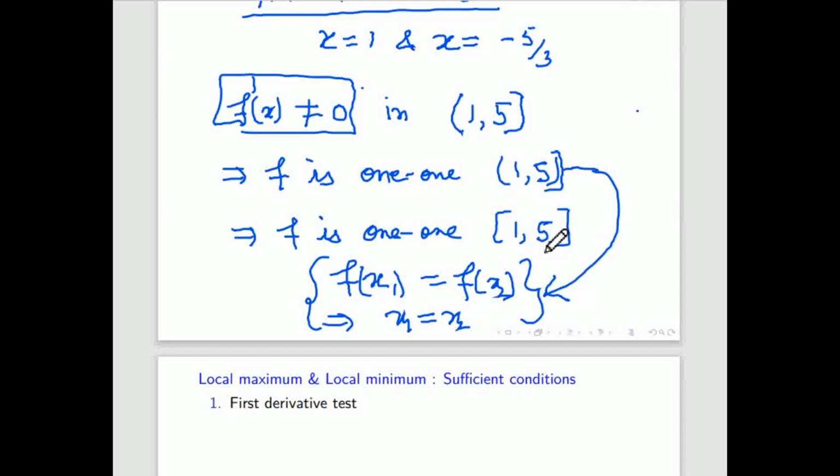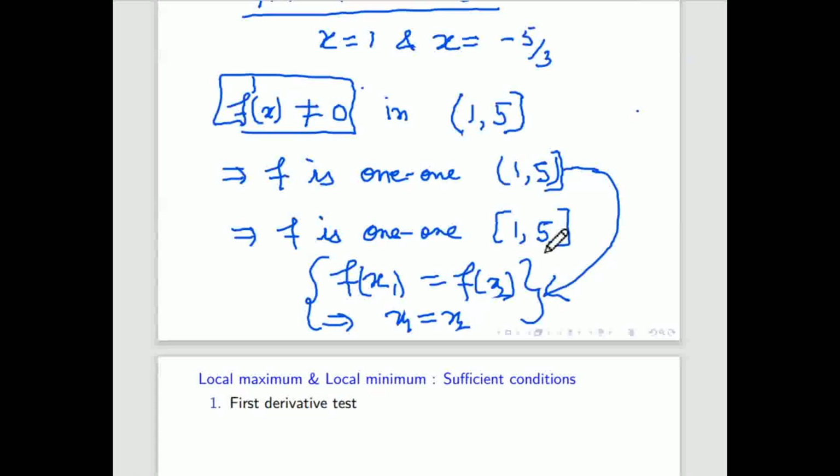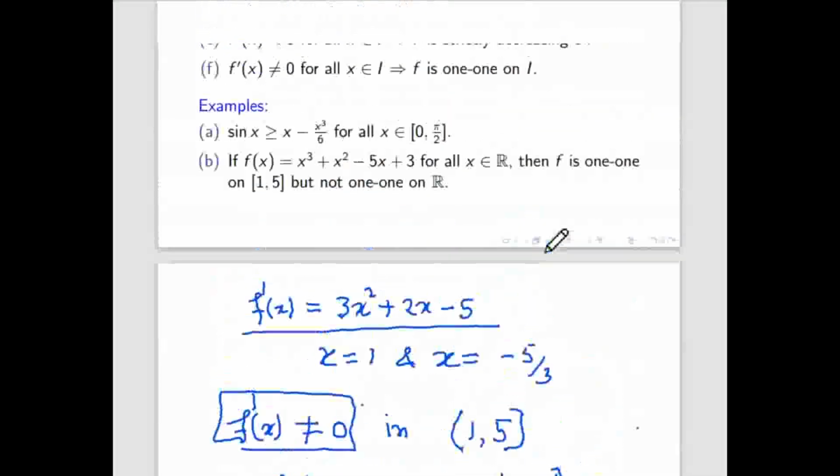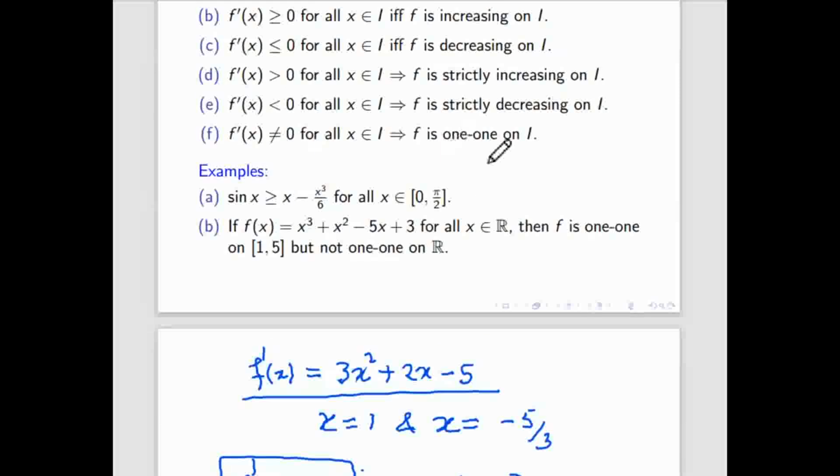If I add one more point, we cannot say. For one-one, the derivative not equal to 0 is sufficient. If the derivative is not equal to 0, then it is one-one, but the converse is not true. If this is non-zero, then we'll say it is definitely one-one. If it is one-one, the derivative can be 0 or non-zero; we don't know anything.